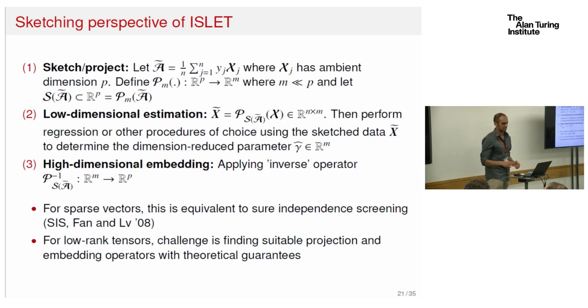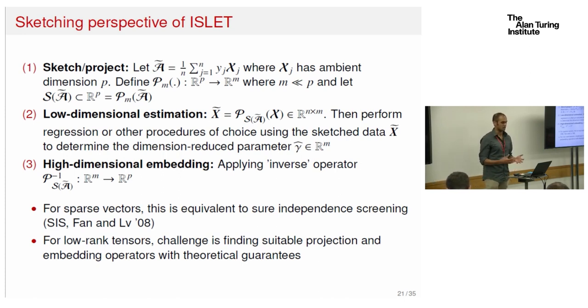In particular, you take an average like this of x and y to get your A tilde, and then you define some projection operator. So we project to a low dimensional space, and ideally this projection captures the low dimensional structure. Then you do your regression or whatever other procedure you want to do, whether it's regularized or logistic regression or anything else in that low dimensional space. And then you do your embedding or your inverse projection to project back out. So that's all that's really going on.